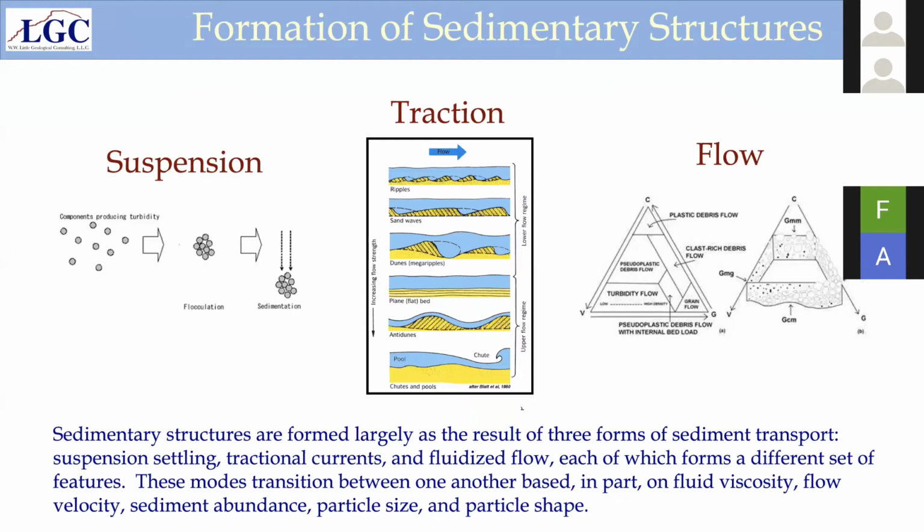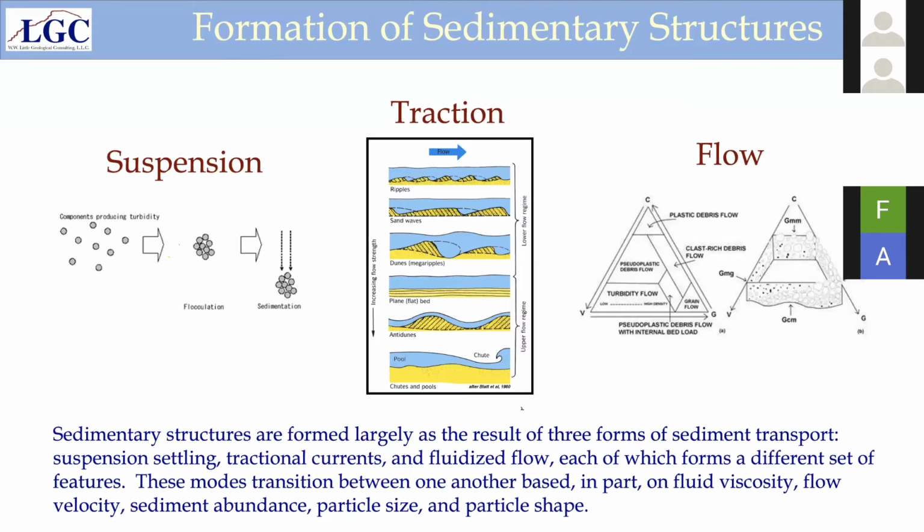Suspension is related mostly to the accumulation of mud in very quiet water environments, such as the ocean floor, the bottom of a lake or a lagoon, possibly a floodplain during the waning stages of flooding. This occurs primarily as particles flocculate, that is, they clump together, and then they fall out as sediment.